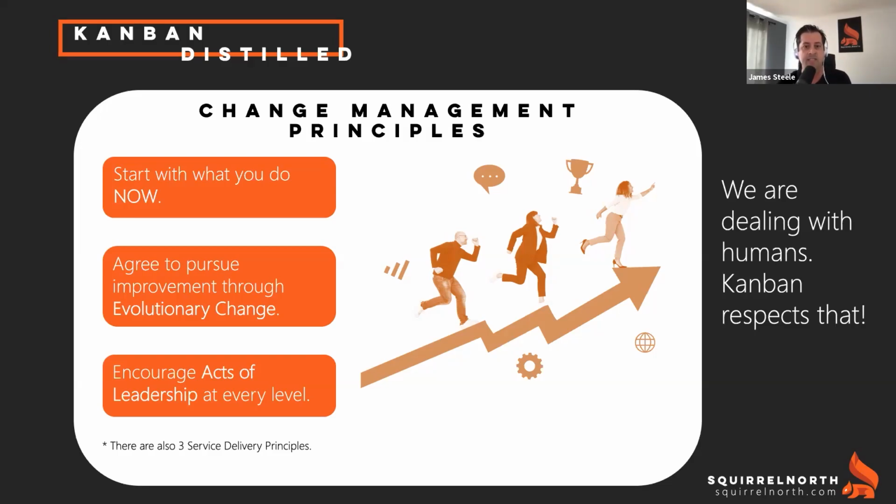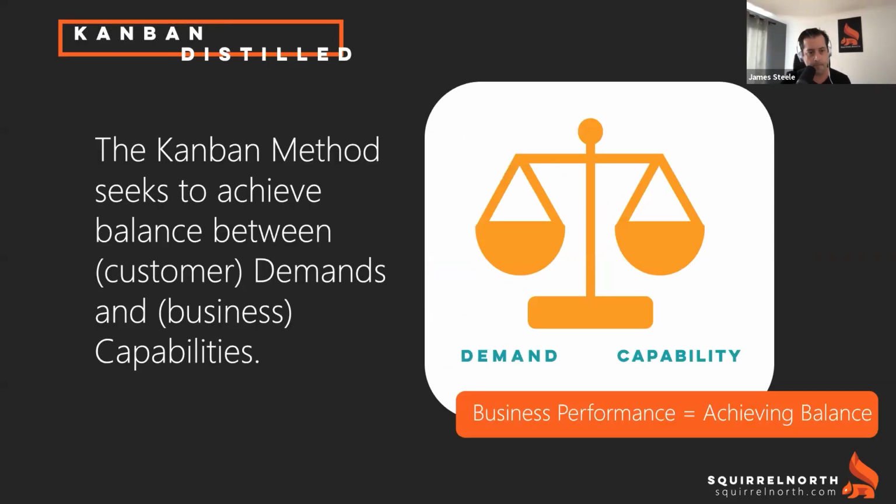So trying something small in order to hopefully get some sort of profound effect. And then we need to reflect on that, perhaps with the Kanban feedback loops. And then, of course, we need leadership at all levels to make that happen. It can't just be one person. We need to create a culture and an environment where everybody can participate in making this happen.